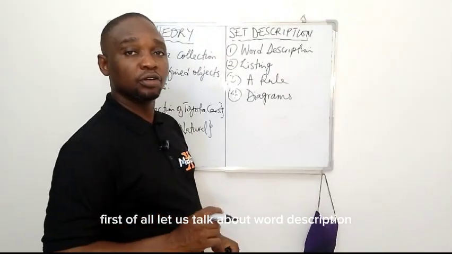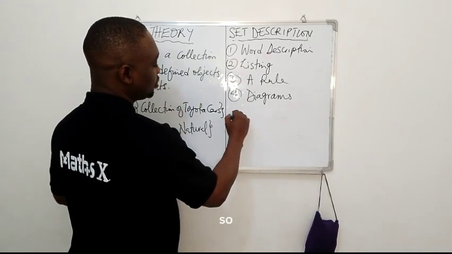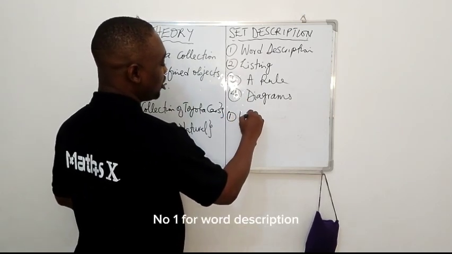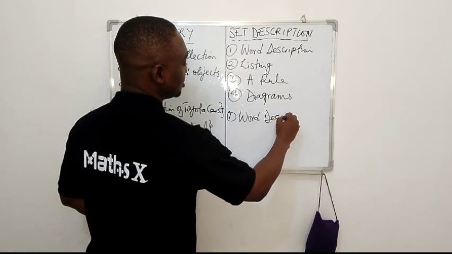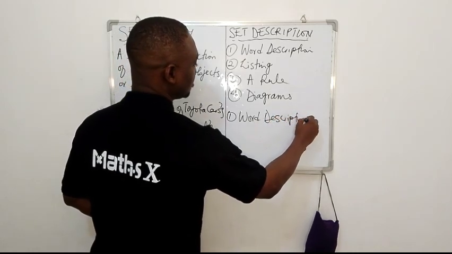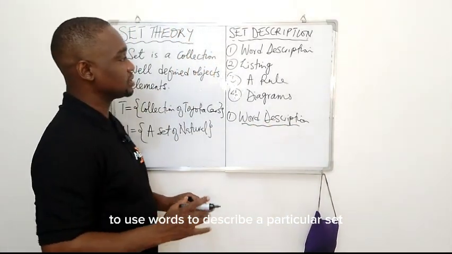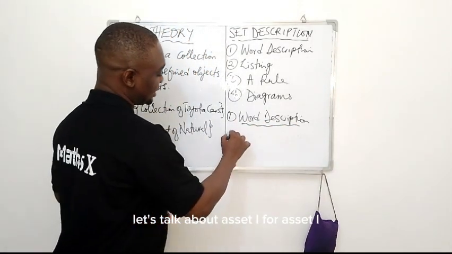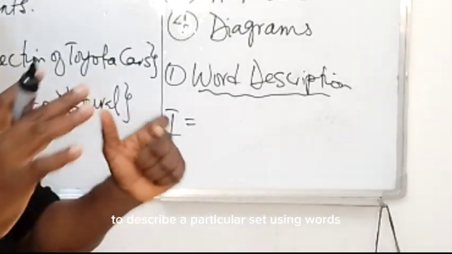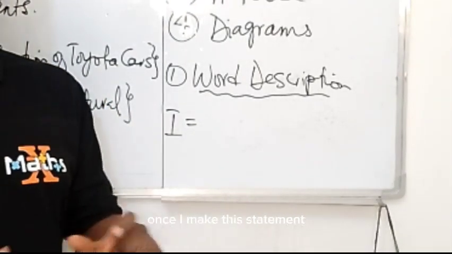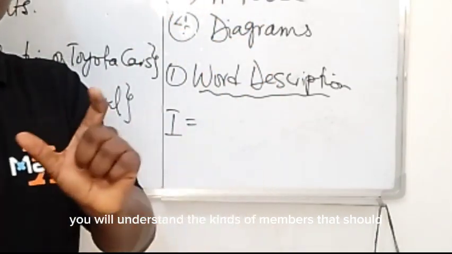So first of all, let us talk about word description. Number one, for word description, to use words to describe a particular set, let's talk about a set I. To describe a particular set using words, once I make this statement, you will understand the kinds of members that should be in that set.